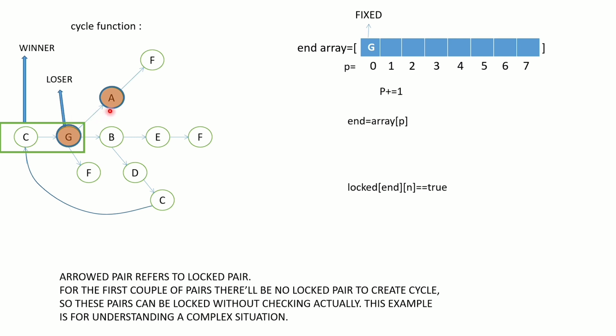So p is equal to p plus 1, that means p is equal to 1 from 0, and the one element of this array will be A. Okay, then what we have to do is move next in this path, and we have found the AF pair is locked, and that's why we have to increase p by 1, and p will be 2, and we will store the loser in this int array.